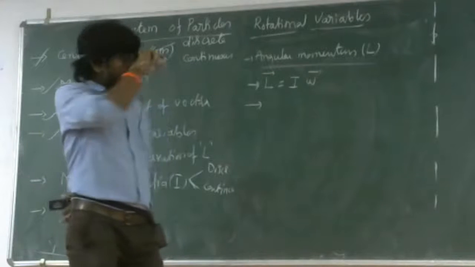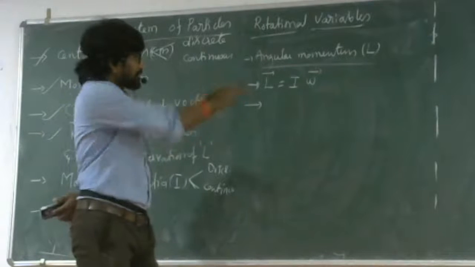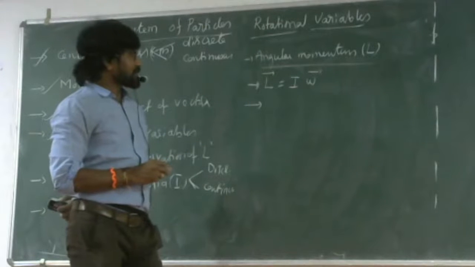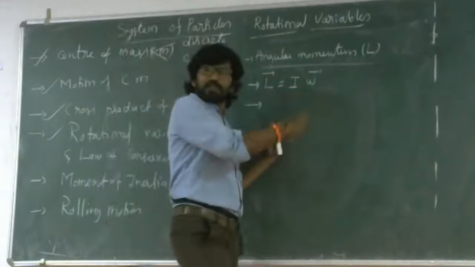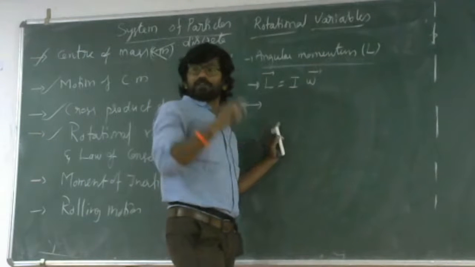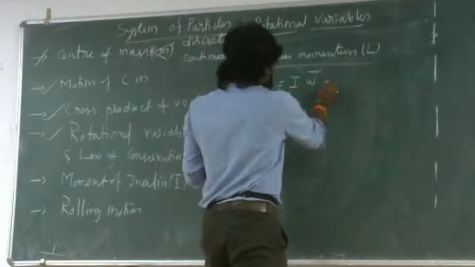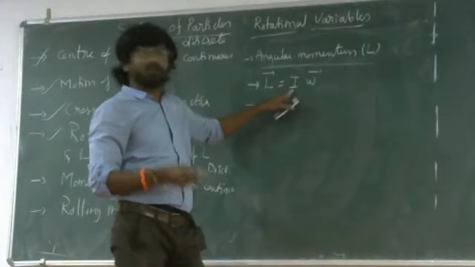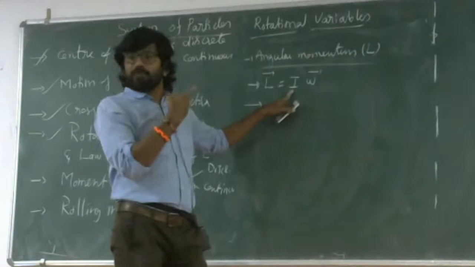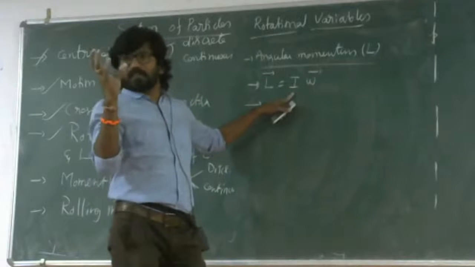From the previous relations, v is equal to r omega, so omega equals v by r. From this, you can write a different representation. After discussing moment of inertia, you can replace I with mr square for a single particle of mass m.